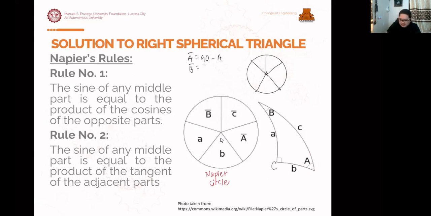We have bar B is equals to 90 minus B. And then yung bar C na small c is 90 minus yung side c natin. Okay? So, since 90 degrees yung ating large C, dapat una natin ilalagay doon sa Napier circle natin is yung bar C natin.